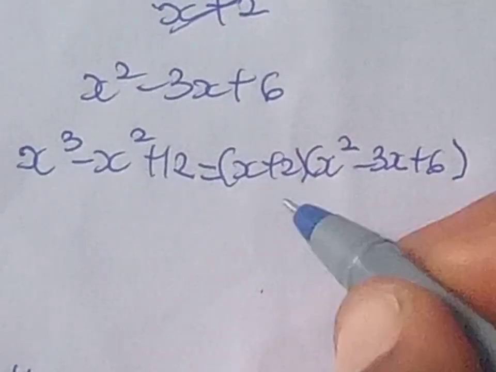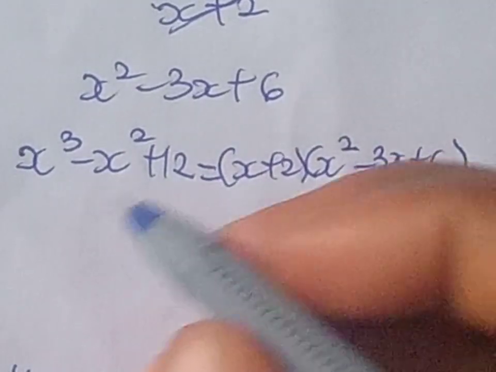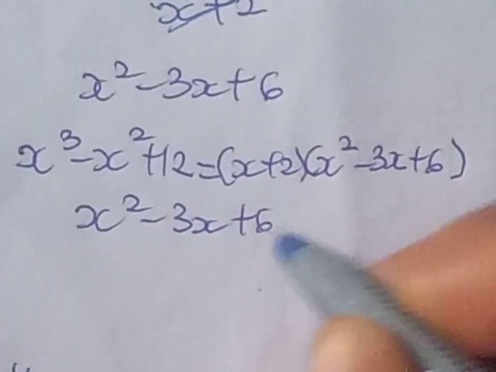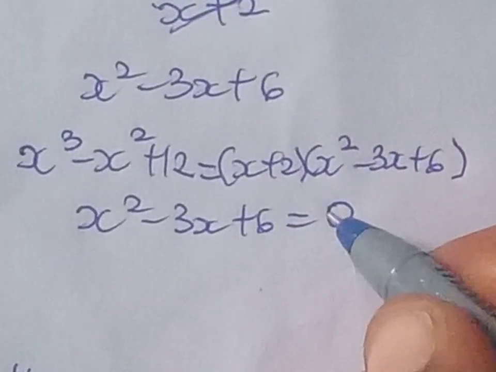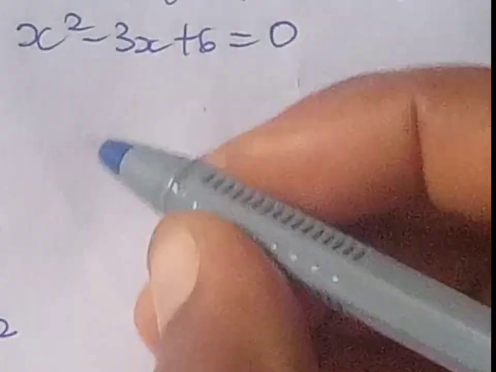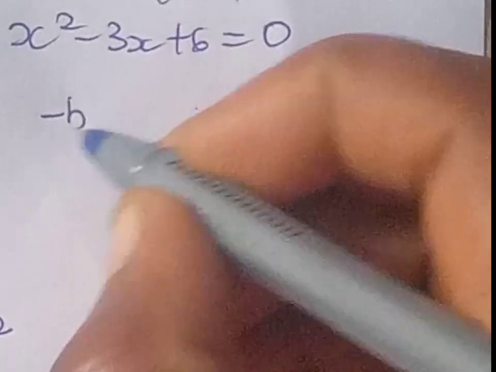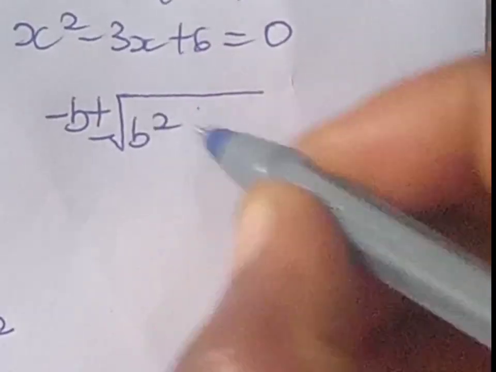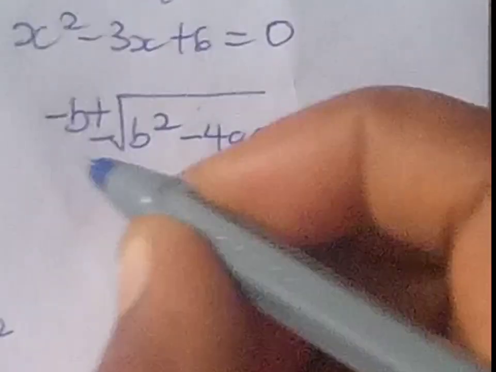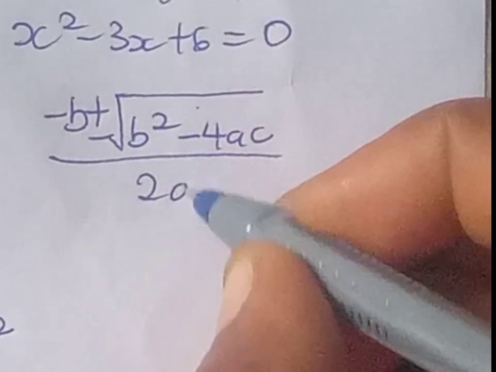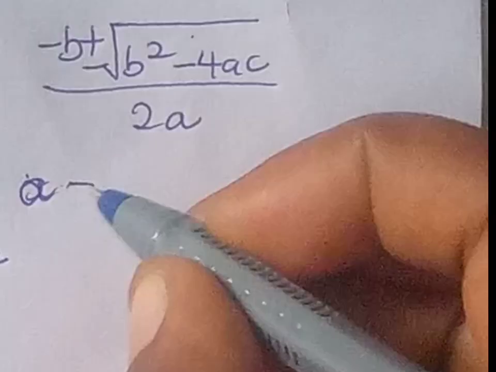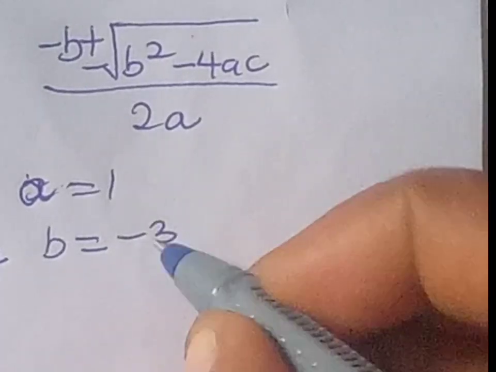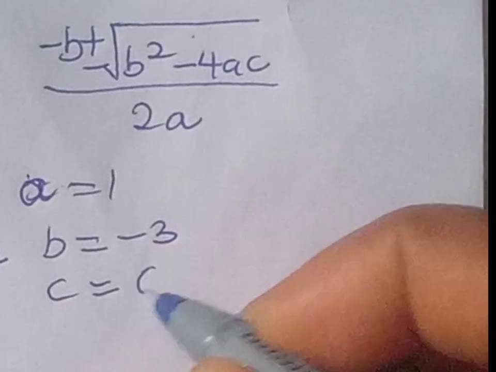The next thing is, let's solve the remaining quadratic, which is x squared minus 3x plus 6 equals 0. Using the quadratic formula, x equals minus b plus or minus square root of b squared minus 4ac, divided by 2a, where a equals 1, b equals minus 3, and c equals 6.